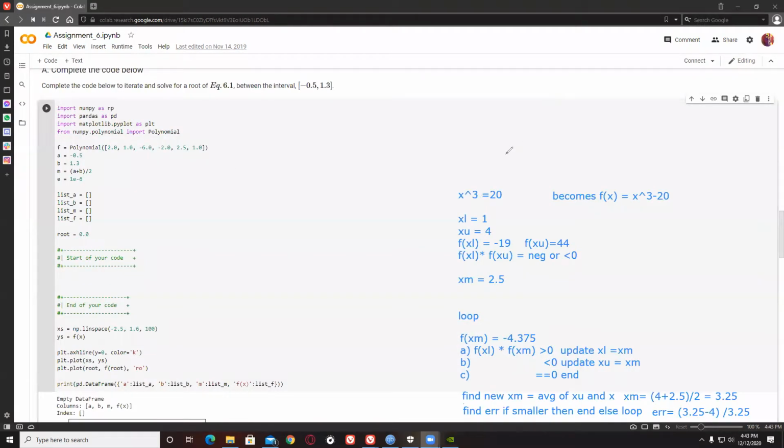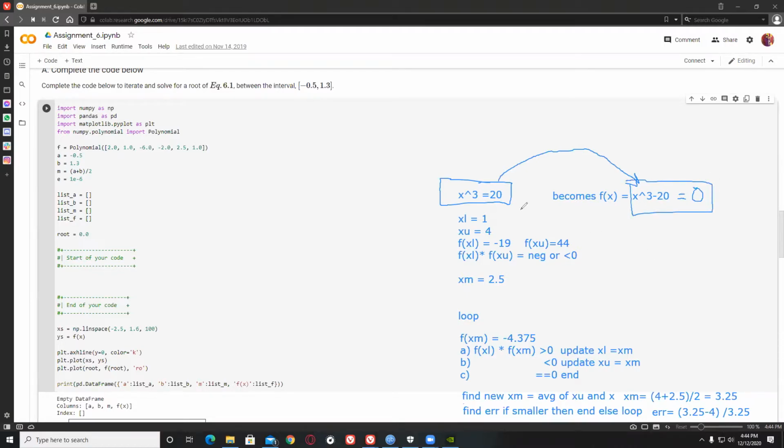So now let us look at an example. So presume we are given this equation. Now we have to apply bisection method to find one of its roots. So we have to rewrite the function as this, and we have to solve this equation.